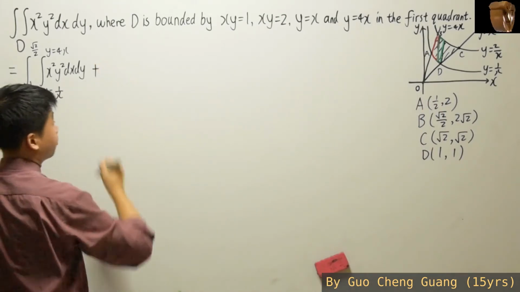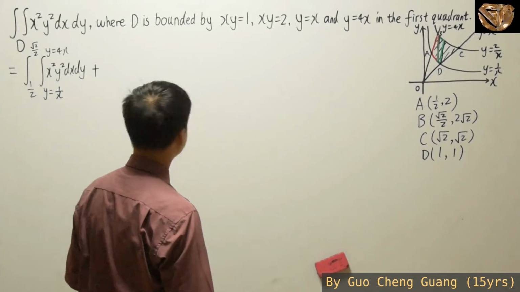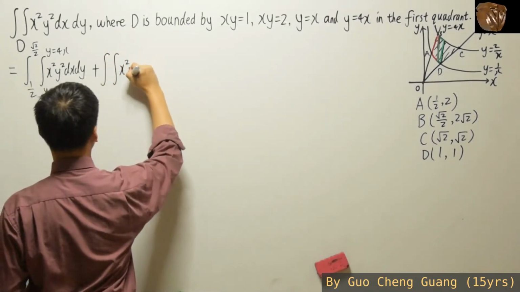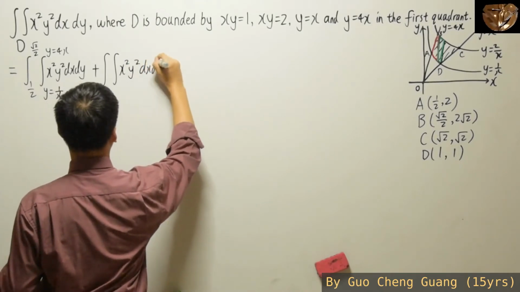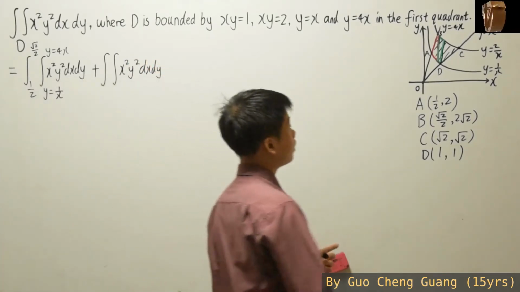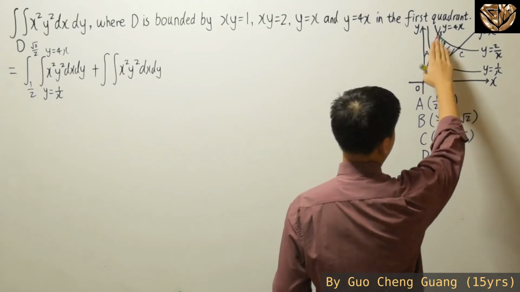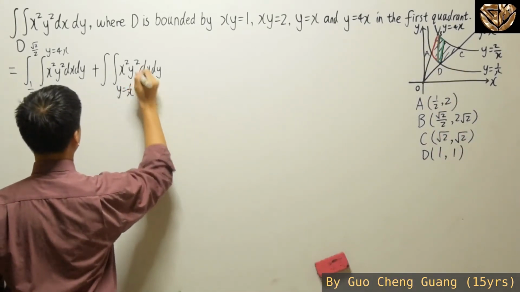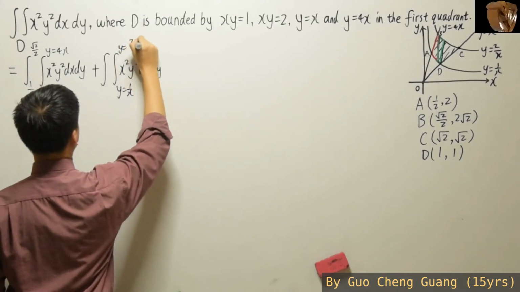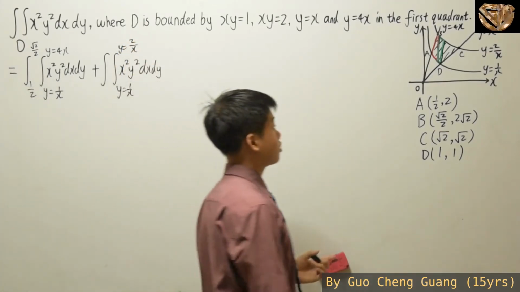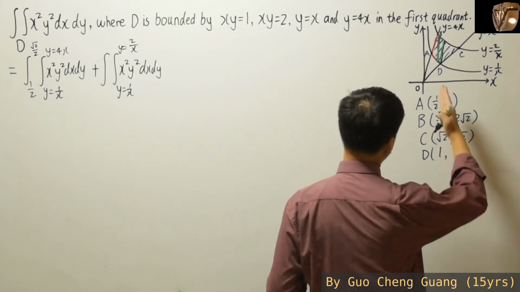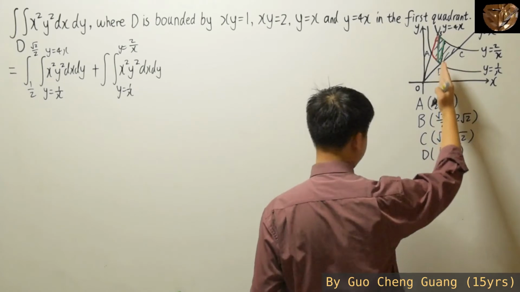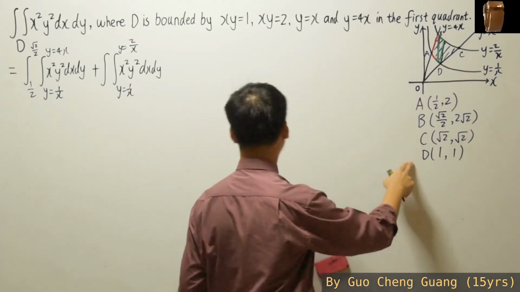Next, we will take a look at the green area. For the green area, you have y is equal to 1 over x to y is equal to 2 over x, and your range for x would be from the x coordinate of point B to the x coordinate of point D, which is square root 2 over 2 to 1.